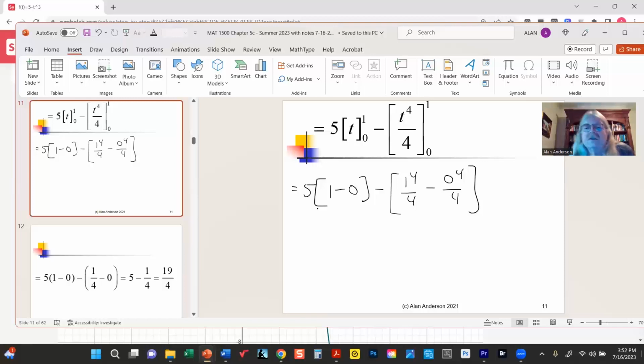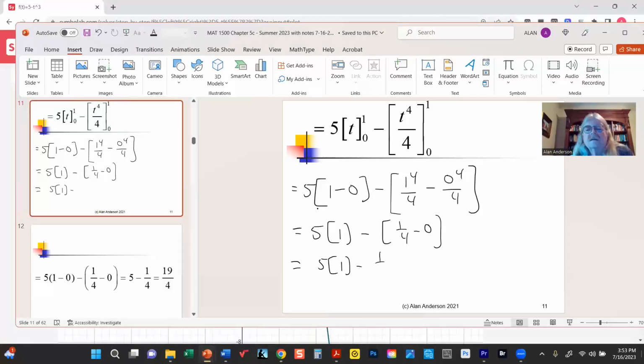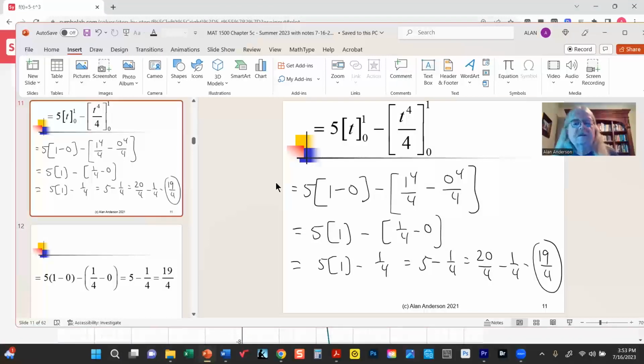So this is what we're actually doing. Okay, within each one, we're evaluating what's inside the brackets at 1 and then doing the same thing for 0, and then we subtract. $19. Okay.